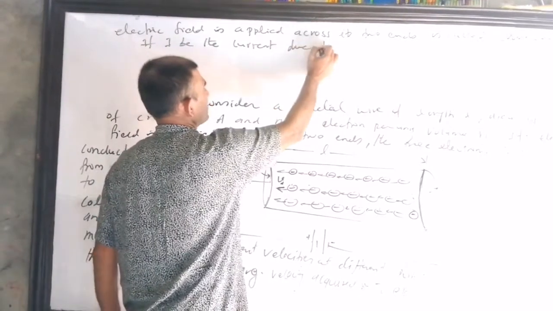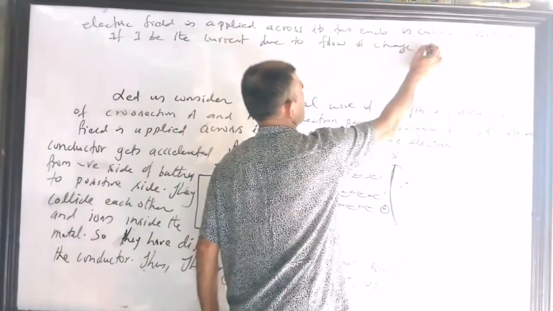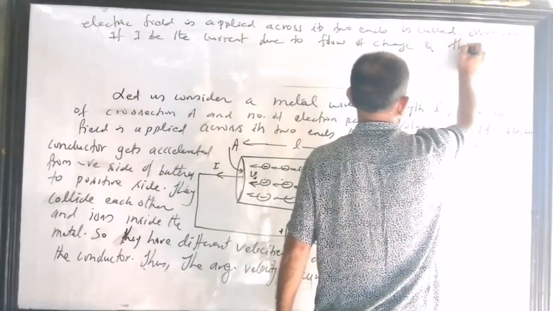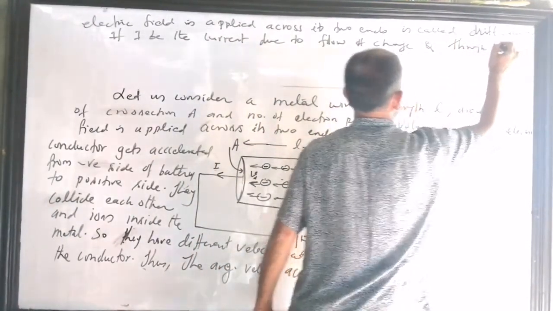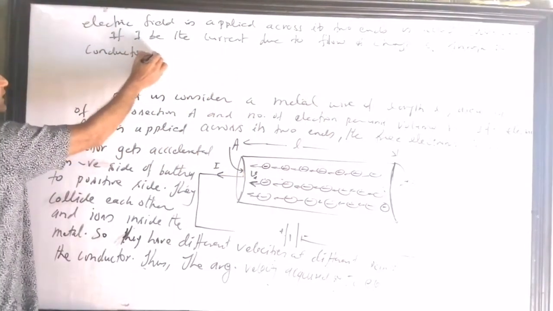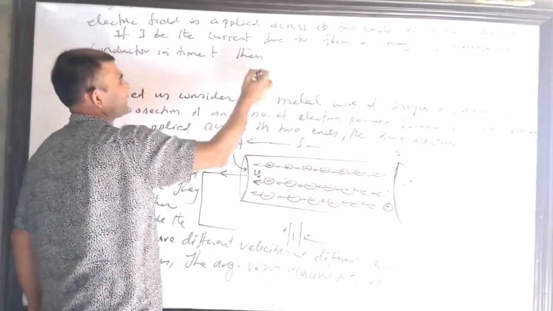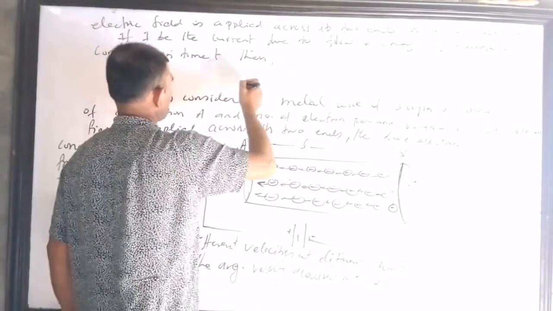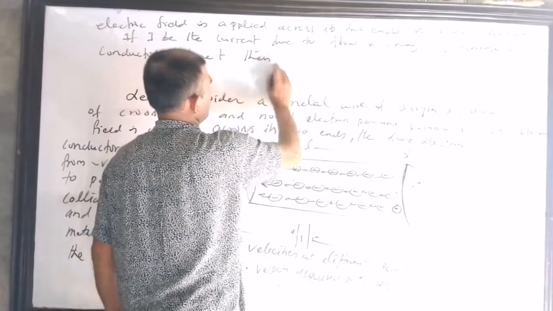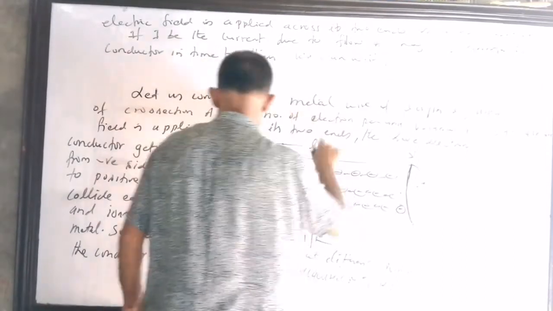Now if I is the current due to flow of charge Q through the conductor in time t, then we can write, and you can copy down.